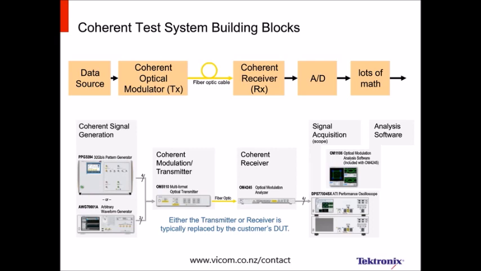Okay, so here is an overview of a coherent test system from end to end, from the data source to actually receiving the bits. On the data source, I'll provide some different examples. It could be a pulse pattern generator or a D to A converter, arbitrary waveform generator. Once you generate the data, now we need to translate that up to the optical carrier frequency.